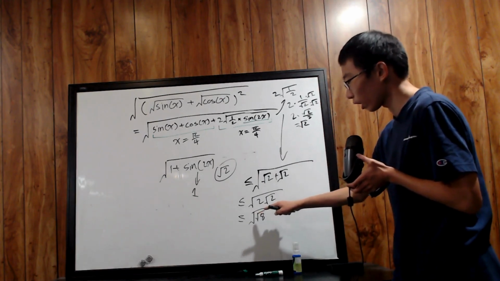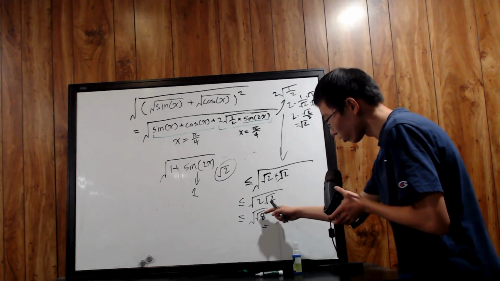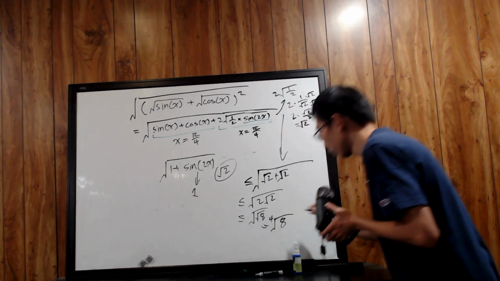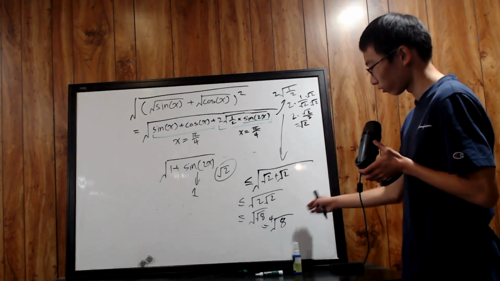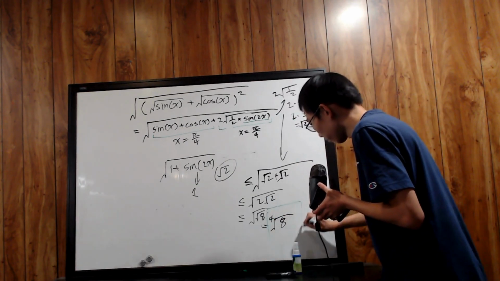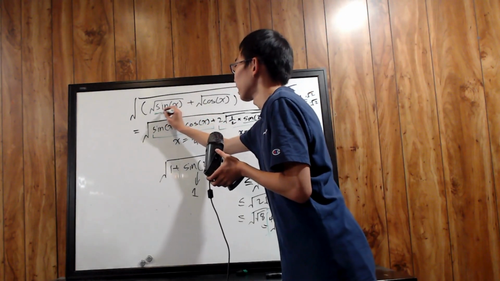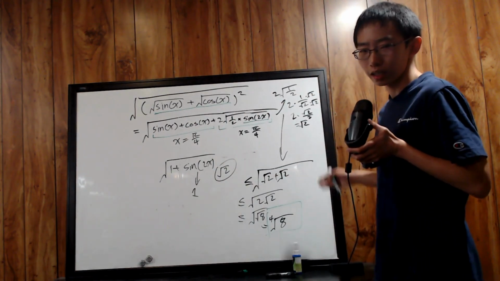Now the square root of a square root is equivalent to the 4th root. So you could write it in a much neater way as the 4th root of 8. And this over here is the maximum value of square root of sine x plus square root of cosine x. And that is our answer.